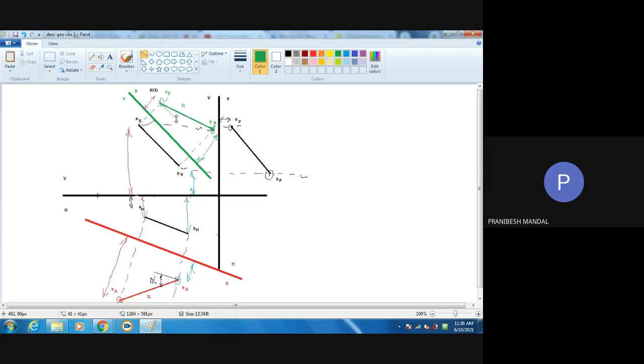This angle, right? This angle will be your beta.